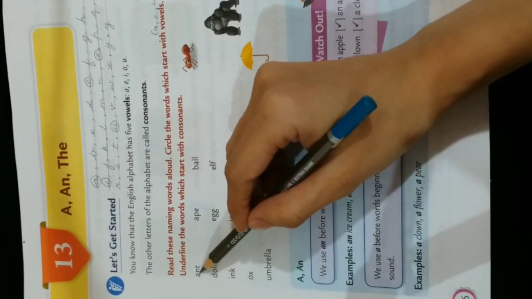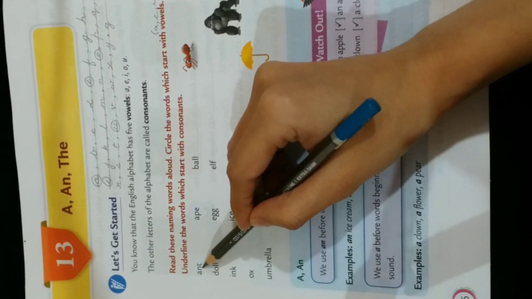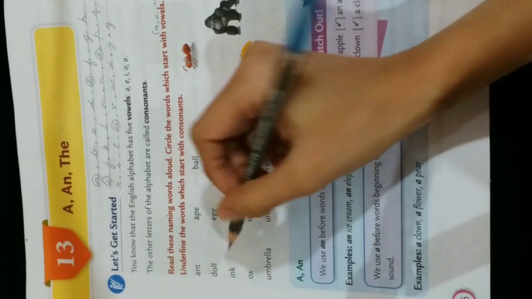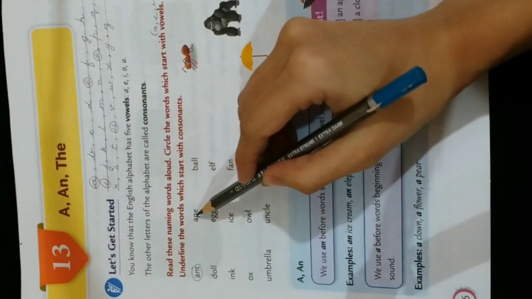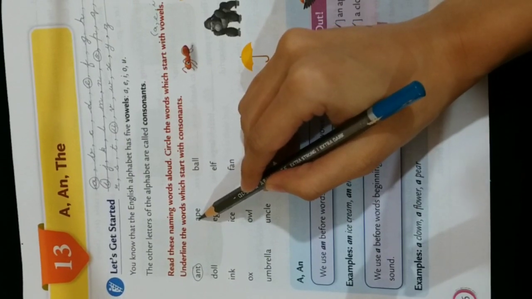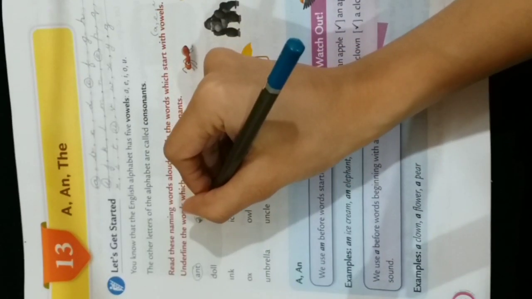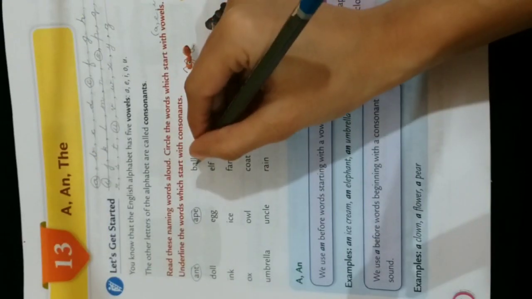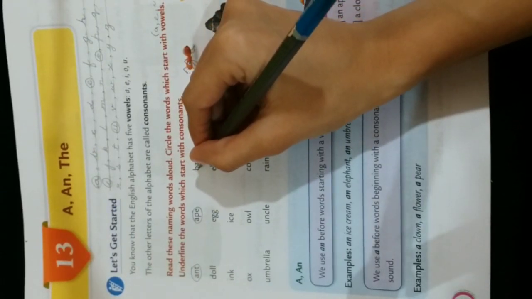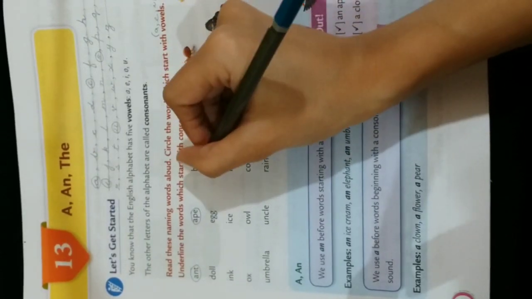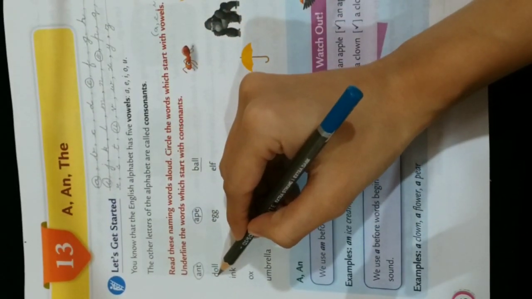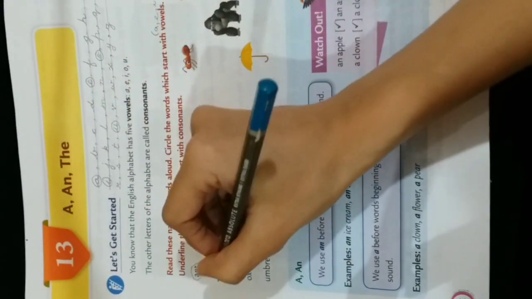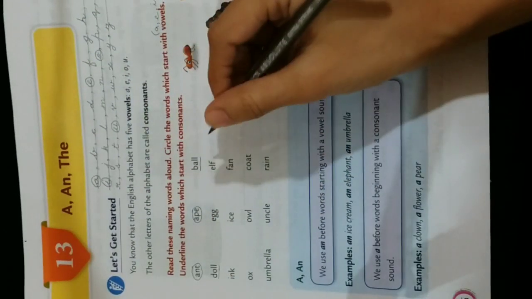Okay, ant. Ant is starting with a vowel. So you are going to circle it. Okay. Ape, it is starting with A, again a vowel, so you are going to circle it. Now, ball, it is starting with B, that is a consonant, so you are going to underline it. Doll, it is starting with D, again a consonant, so you are going to underline it.